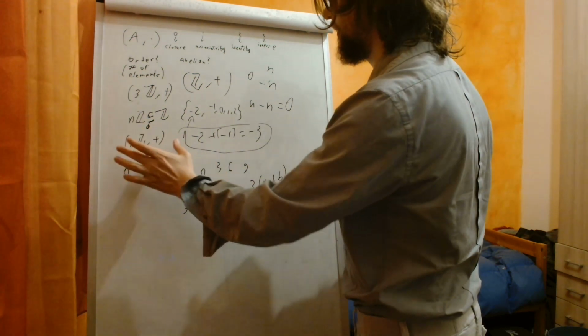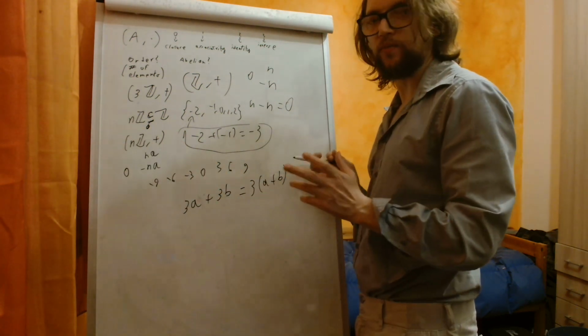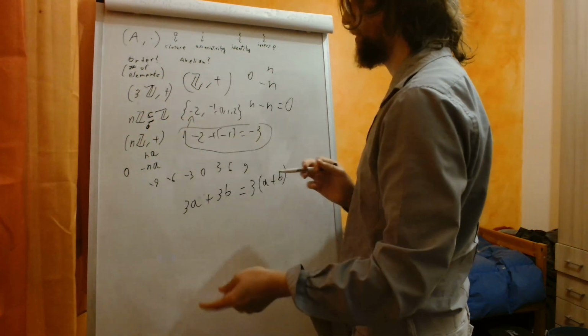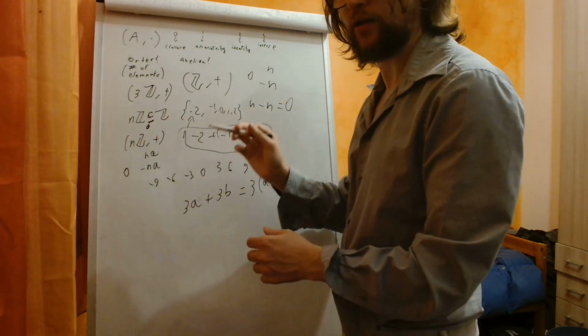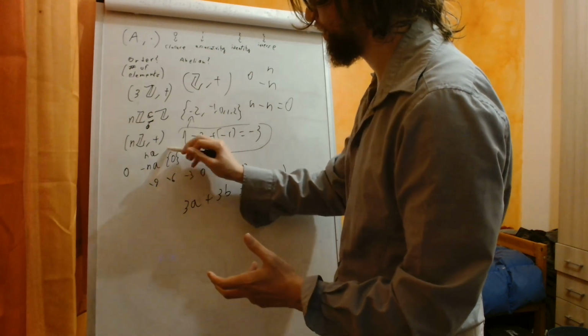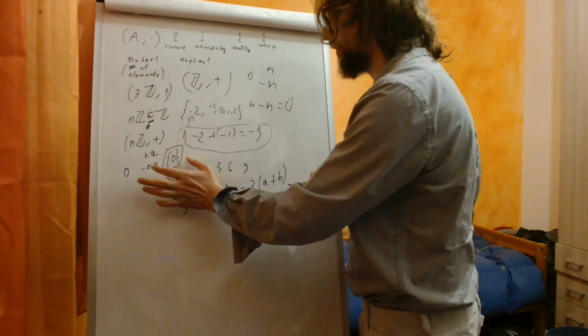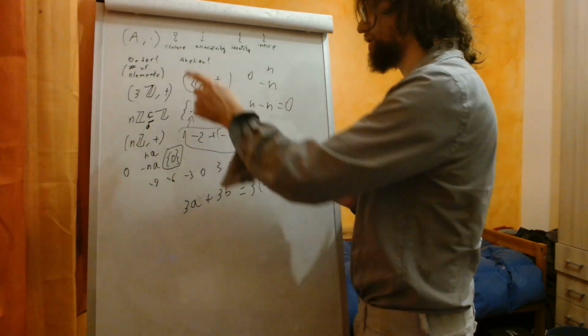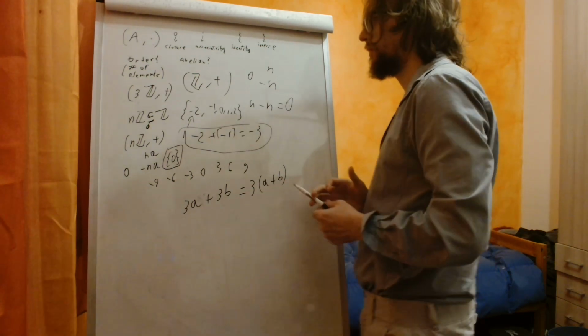It is closed, so it is a subgroup of Z. The order is infinite, apart from the case where n is 0. In that case, it is only the set 0, the group of order 1, and it is also always abelian.